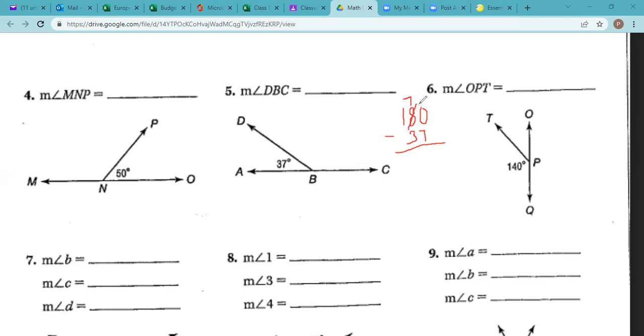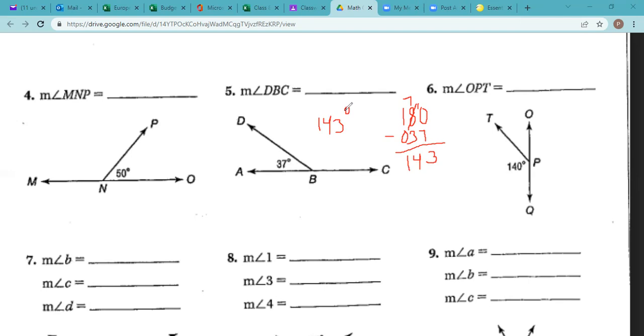Put a 1 in front of the 0. 10 minus 7 is 3. 7 minus 3 is 4. And then 1 minus, we can even put a 0 here if you want, 1 minus 0 is 1. So that means that angle DBC is 143 degrees.